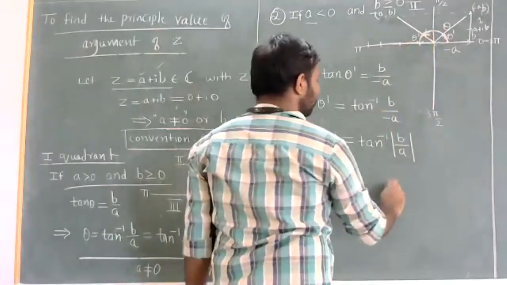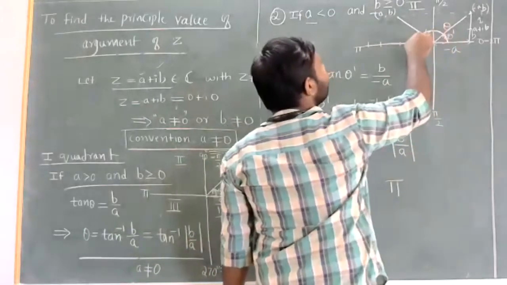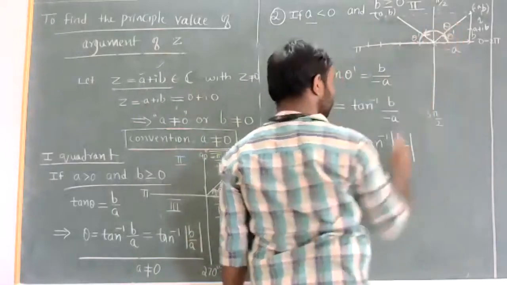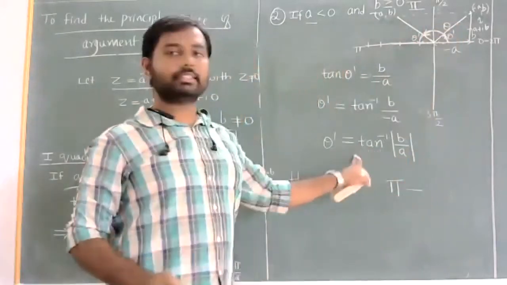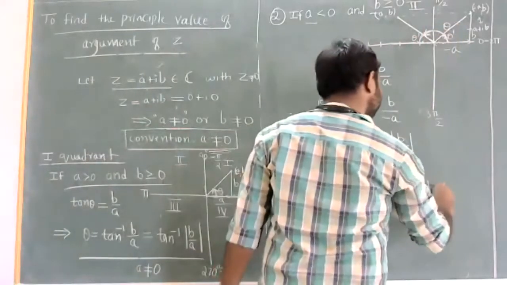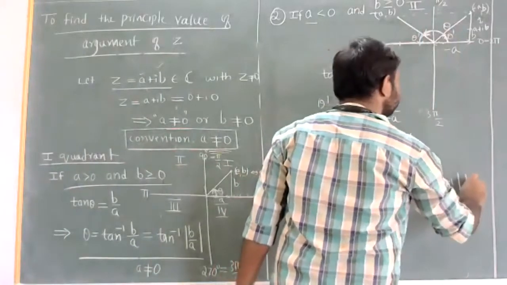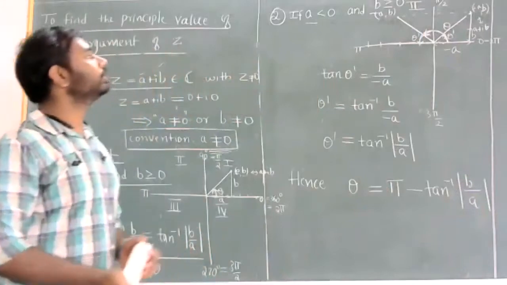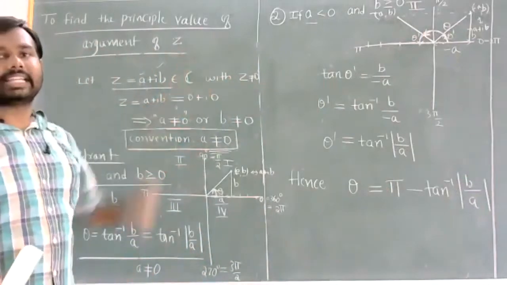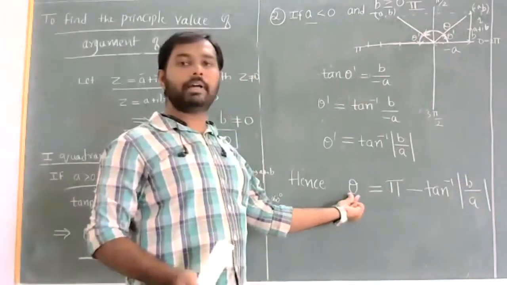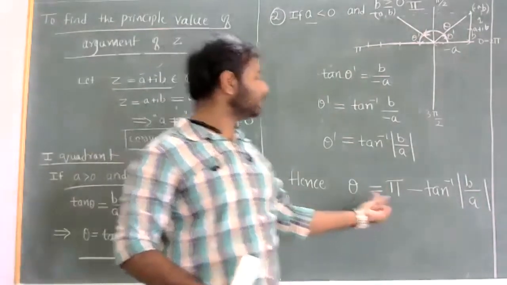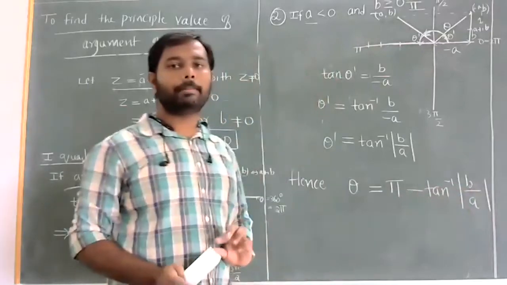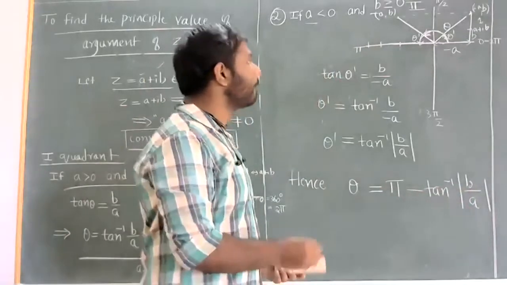Total angle is pi. In that total angle, I have to remove this angle, right? And this angle is equal to this one. And what is that? It is tan inverse of modulus of B by A. So if the point lies in the second quadrant, the principal value of argument of Z is pi minus tan inverse of modulus of B by A, right?